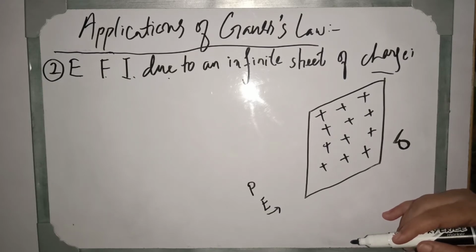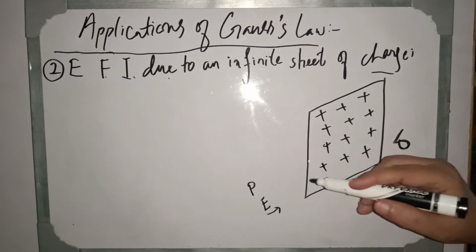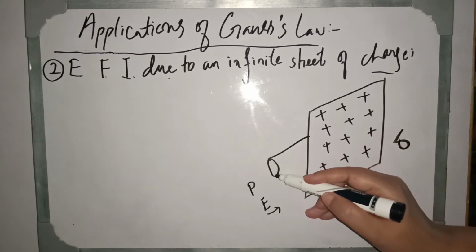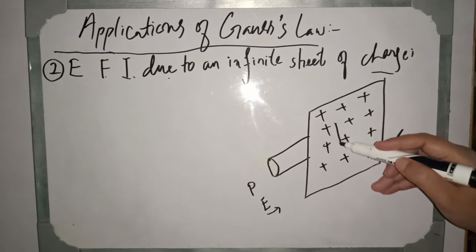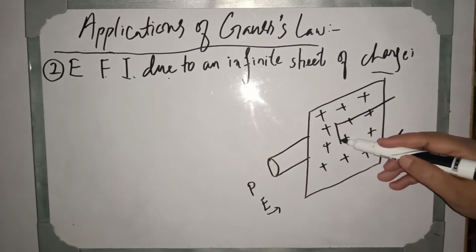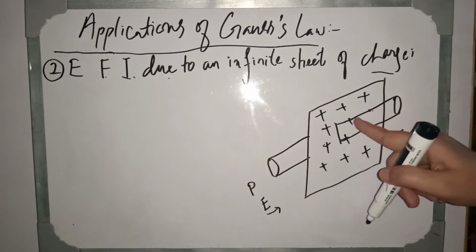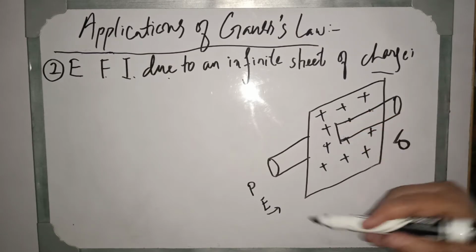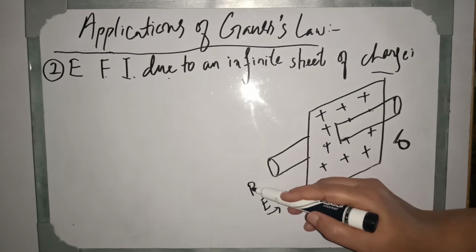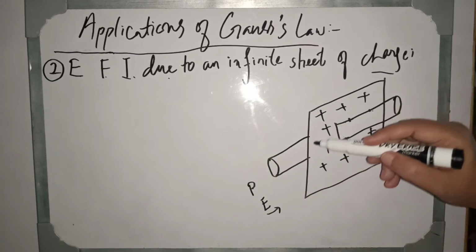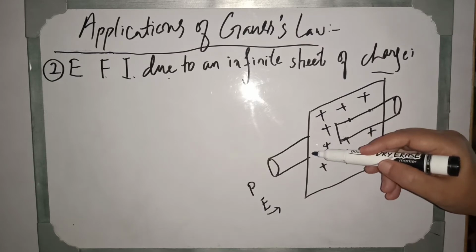Now we consider a Gaussian surface in the form of a cylinder of cross-sectional area A perpendicular to the sheet of charge in this way. Suppose this is the Gaussian surface like this and this. This is the Gaussian surface which we need to find the value of E at point P. Now this Gaussian surface is just in the form of a cylinder.